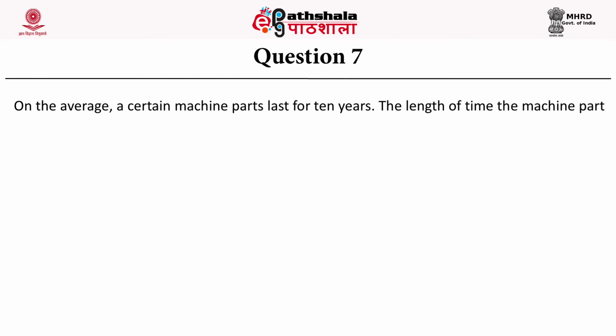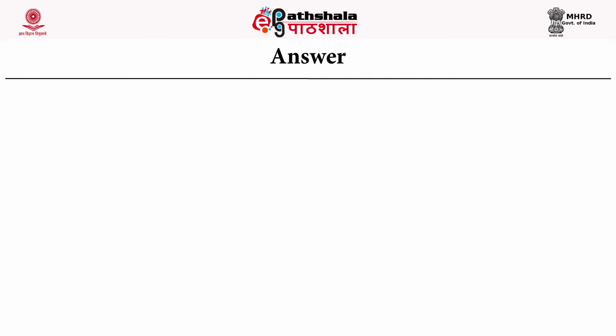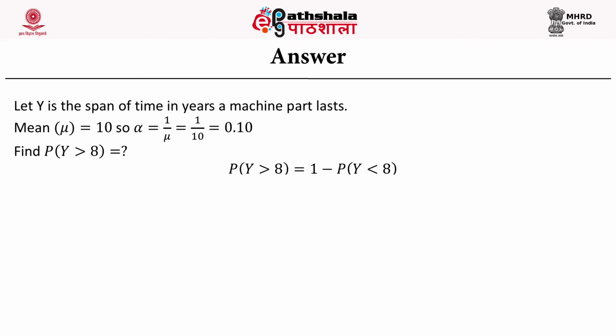So we have an example here: on average, a certain machine part lasts for 10 years. The length of time the machine part lasts is exponentially distributed. What is the probability that the machine part lasts more than 8 years? Let y be the span of time in years a machine part lasts. So the mean is given as 10, so alpha is equal to 1 upon mu, which is equal to 0.10.